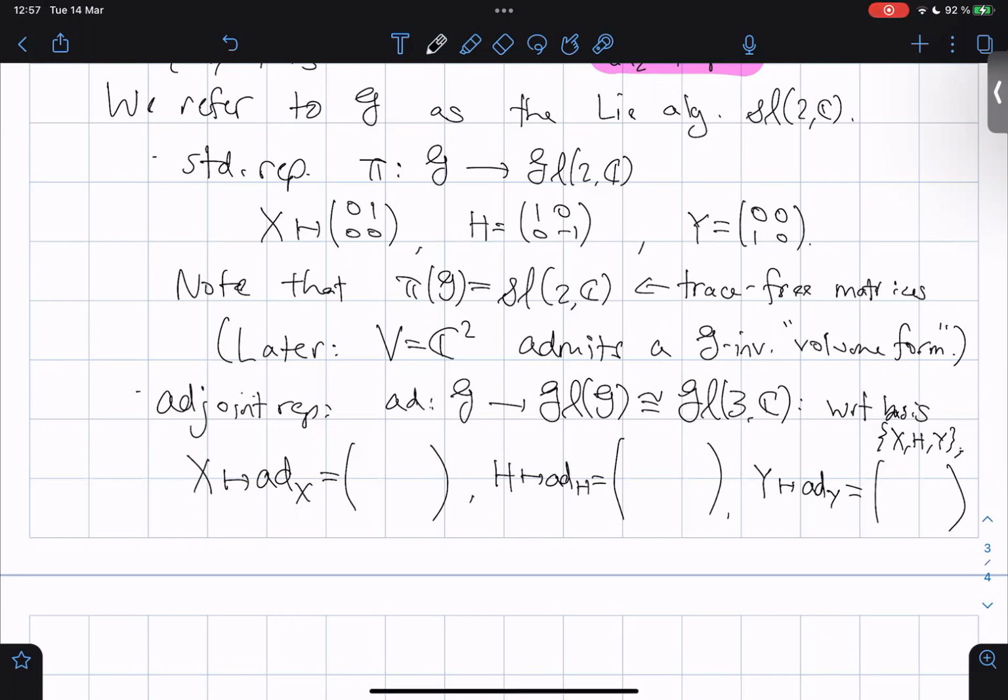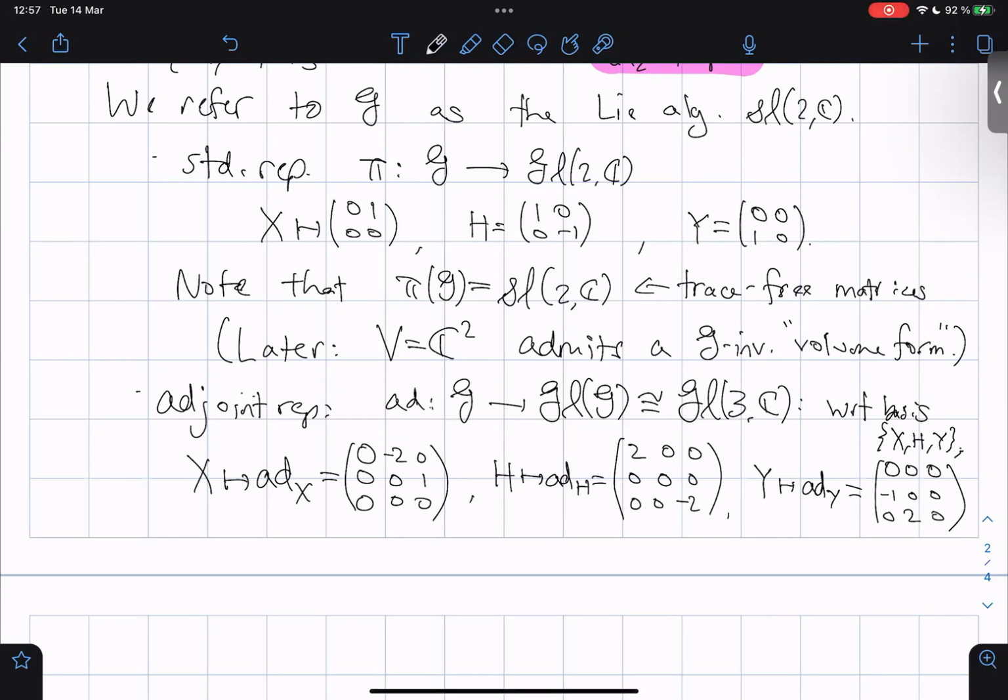Let me just write down the answer and let you verify the details. 0, 0, minus 2, 0, 0, 0, and then H is the nice one. It's nice and diagonal. We're going to want to keep that in mind. We like diagonal or diagonalizable linear operators from linear algebra, and that's very much going to be part of the game as we go along.